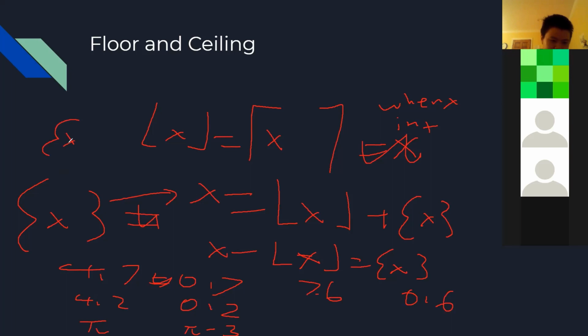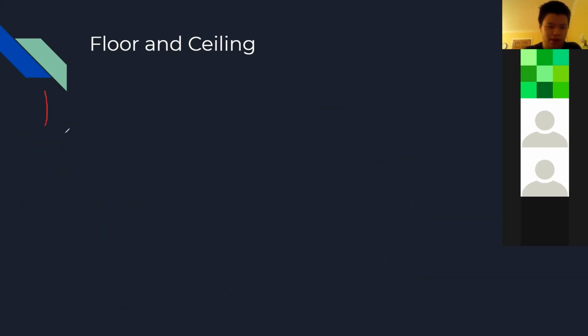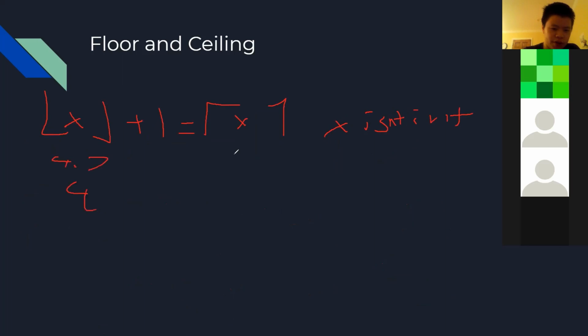Also note that the fractional part of X is always less than 1, and always more than or equal to 0. Also, this is when X is not an integer. So 4.7, 4, 4.75, 4 plus 1 is 5. You can clearly see the reasoning behind this.